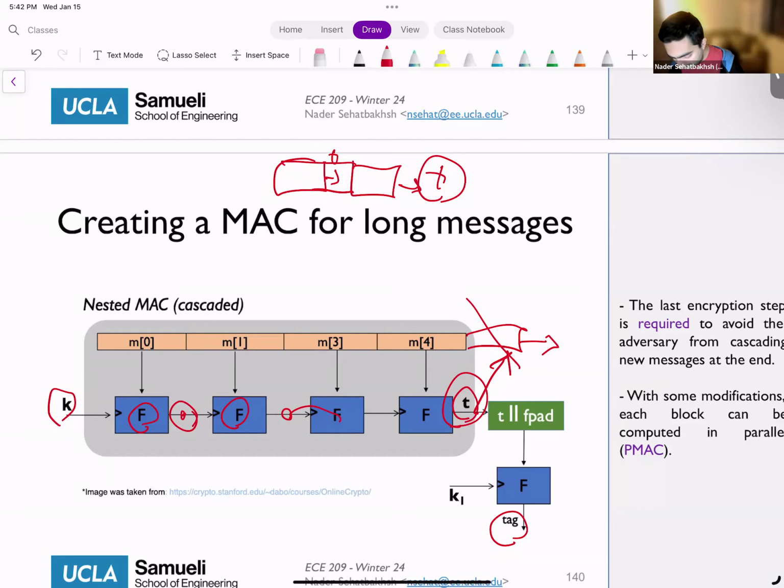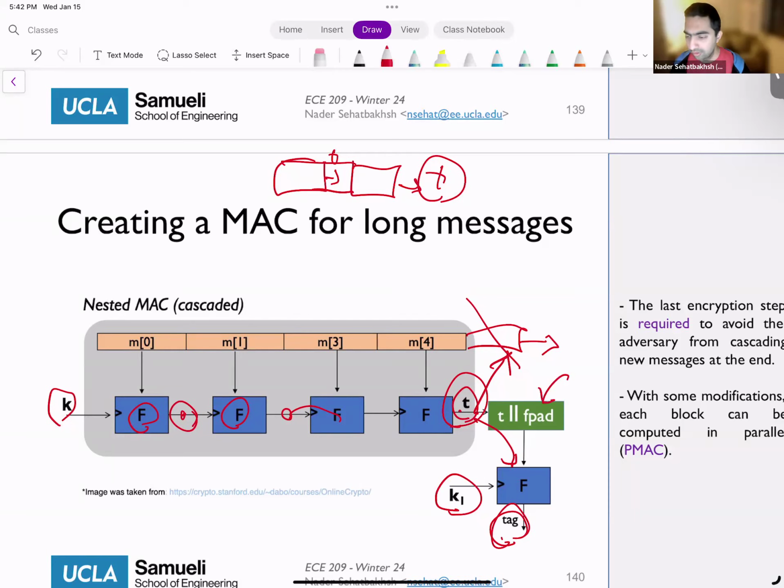So in order to avoid this from happening, we usually pass this T to another function and encrypt it with a different key, okay? Such that if I change the size, then this tag will be different. So I cannot extend it.